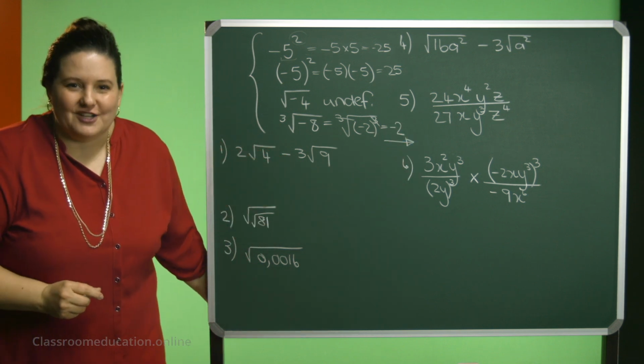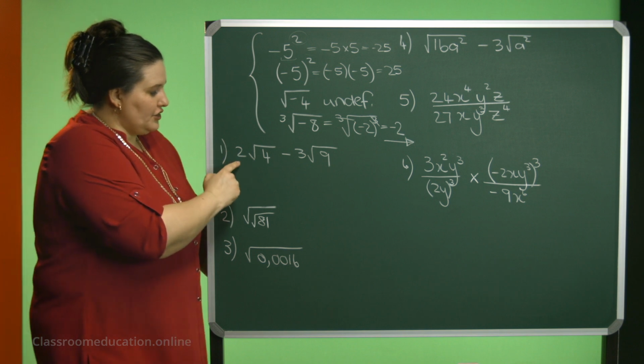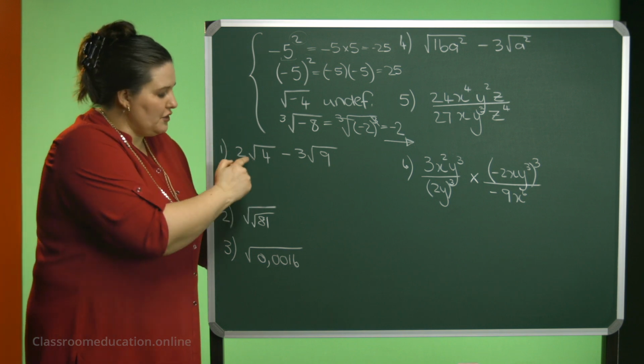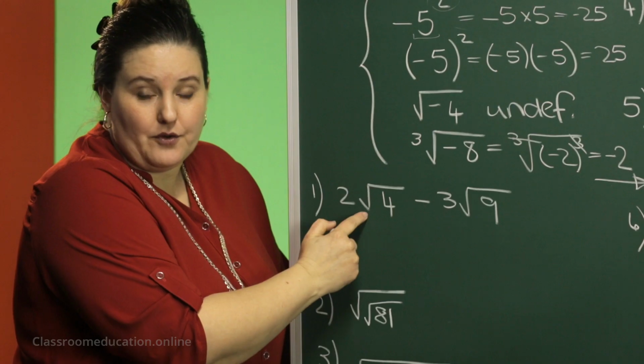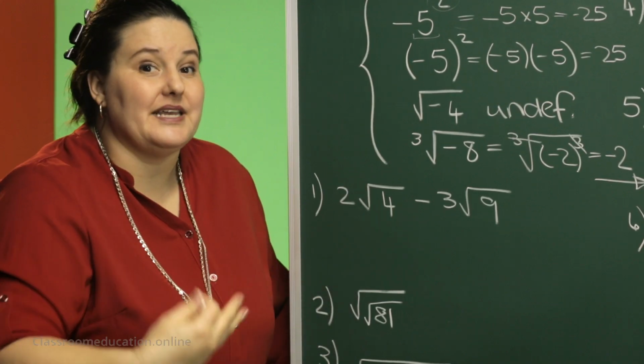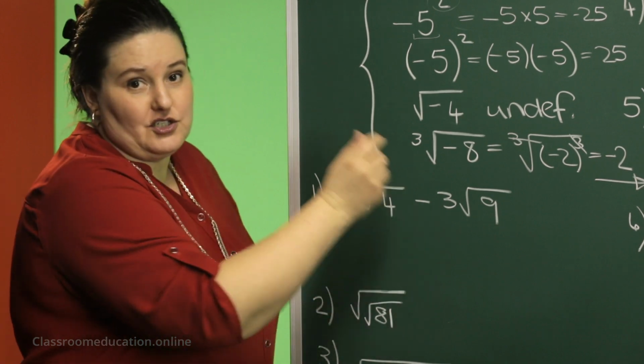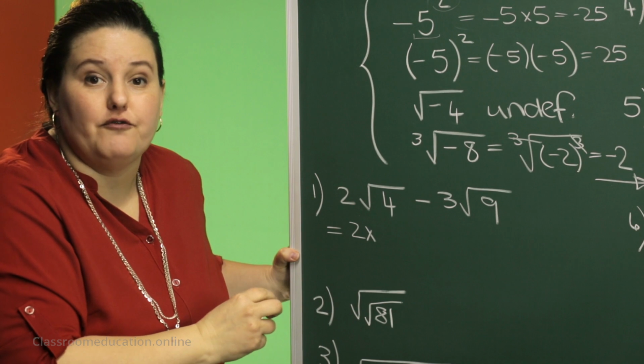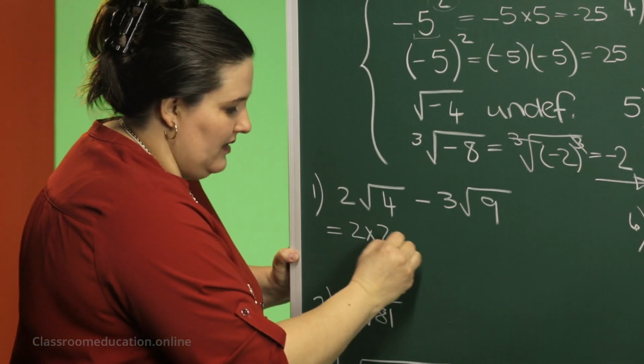Let's mark the calculations now. 2 times square root of 4. Boys and girls, if you have a number in front of a square root, then it means it's multiplication. It's 2 times the square root of 4. So 2 times, and what's the square root of 4? A 2.